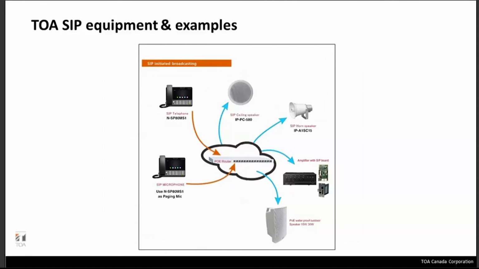But our SIP board, the SP80 SIP board, can give you an extension so your analog amplifier can connect and give you one zone, which makes it part of the SIP environment. We have a speaker box, a SIP environment horn speaker, the ceiling type of speaker, the master station, and then we have a paging with the mic.